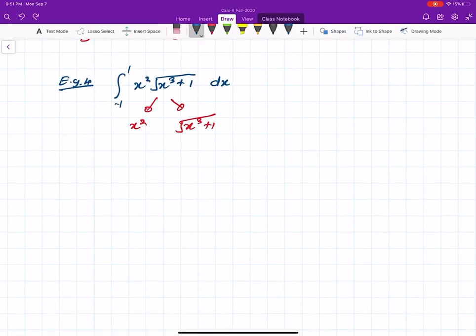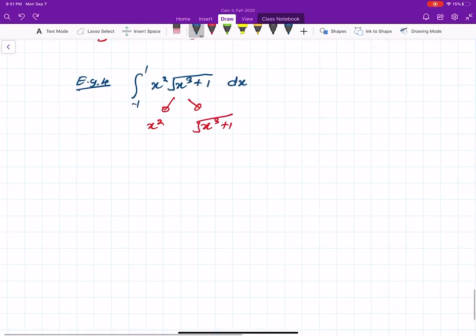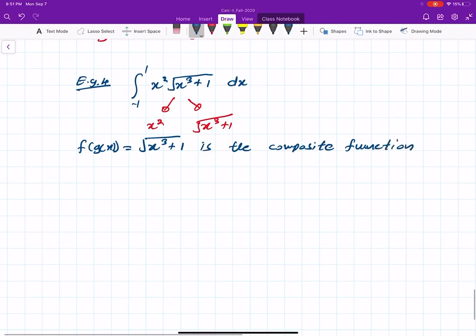That is, f of g of x, the square root of x to the power 3 plus 1, is the composite function.